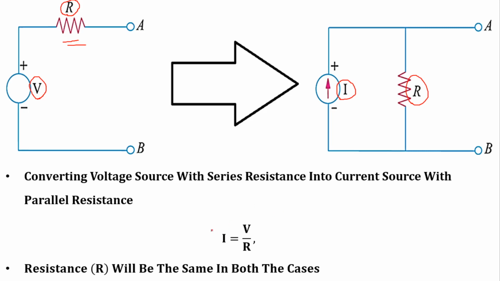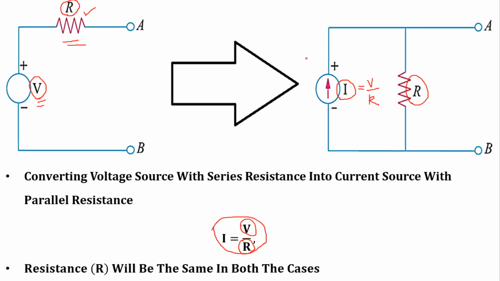So we can say that the magnitude of the current source is equal to the voltage divided by its resistance. That means current I is equal to this voltage V divided by this R. So this current I is equal to V by R, and this resistance will be the same as this resistance.